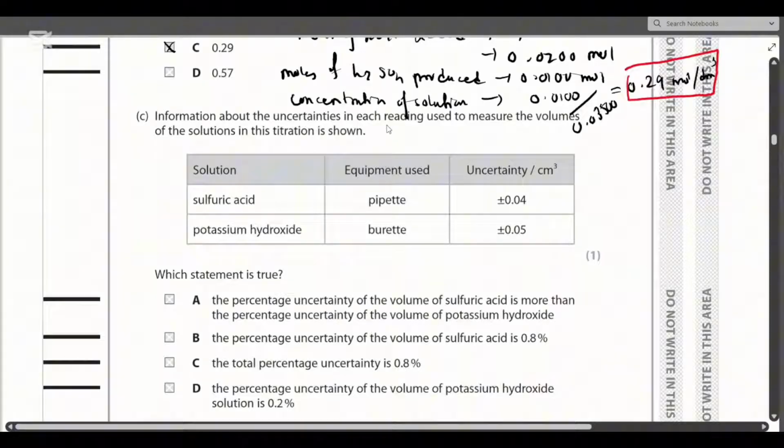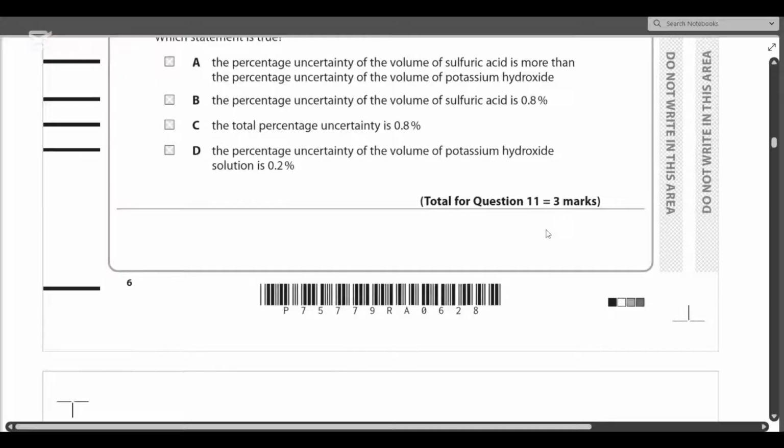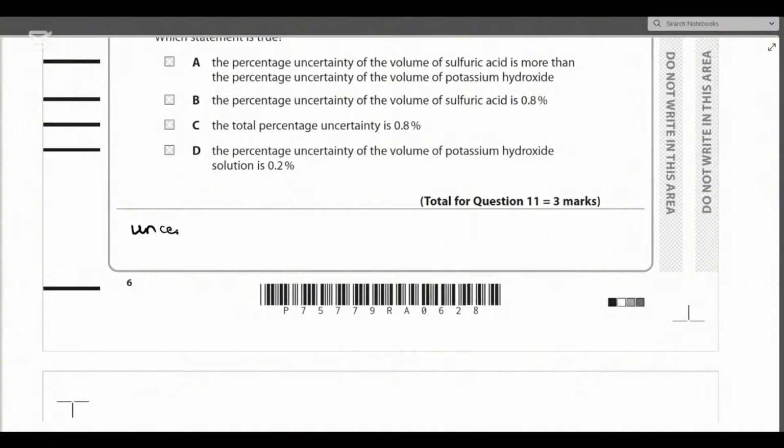Information about the uncertainties in each reading is used to measure the volumes of the solution in titrations. Which statement is true? Now, in a burette, the initial reading and the final reading are taken, so we need to use this formula: percentage uncertainty is equal to uncertainty divided by absolute value times 100.